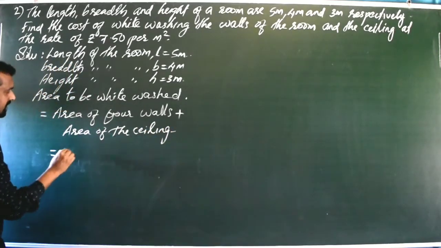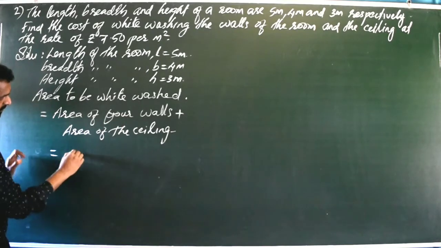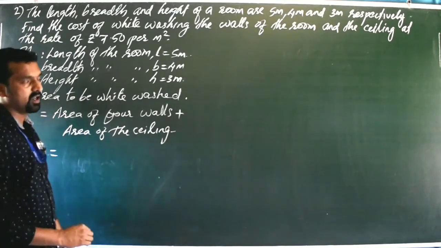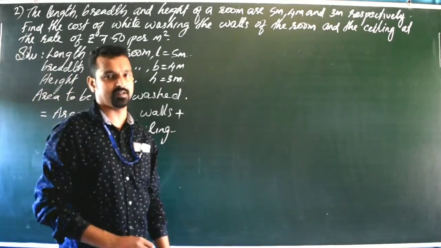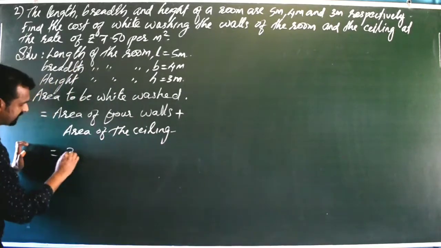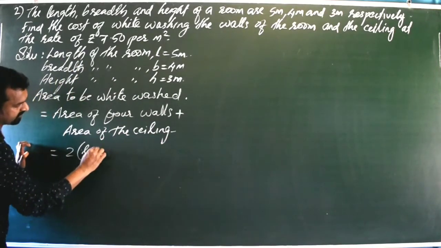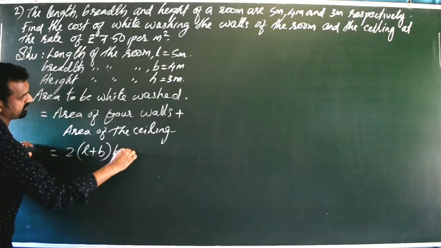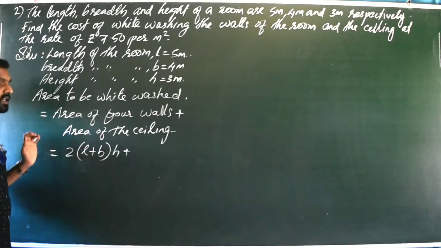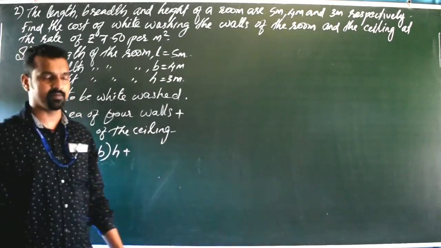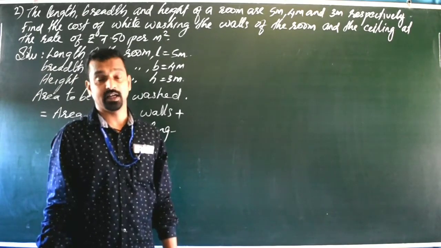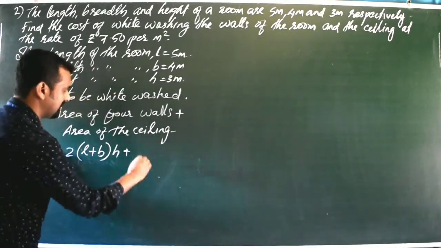We have studied the formula. Area of the 4 walls, or lateral surface area of a cuboid, is equal to, what is the formula? 2 into (L plus B) into H, plus area of the ceiling, that is the top portion of the cuboid. It will come length into breadth, that is LB.